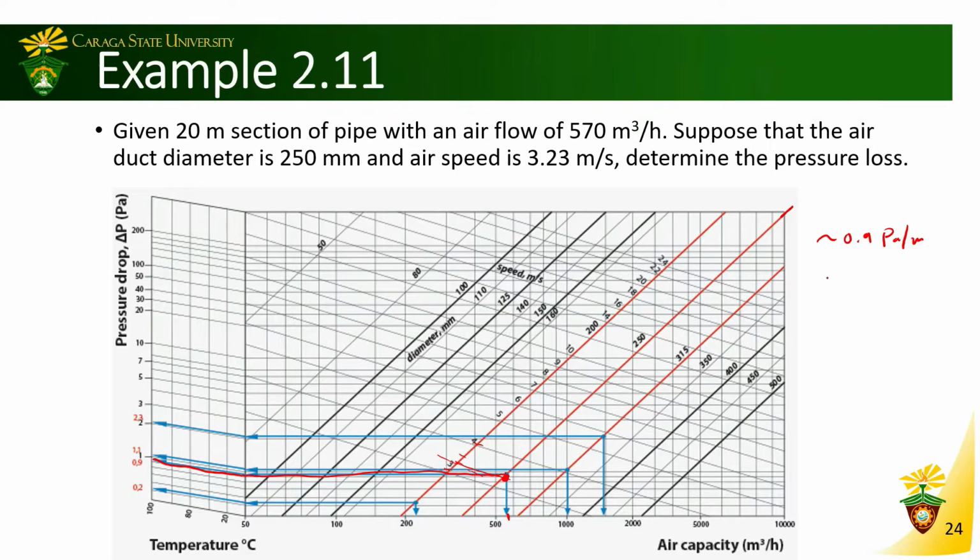So for the 20 meter section, just multiply 0.9 pascals per meter times 20 meters, cancel meters, this gives us 18 pascals. So if we're given this type of diagram, we can now determine the total pressure loss for a given length of a pipe.